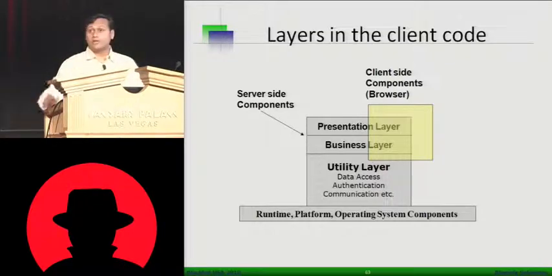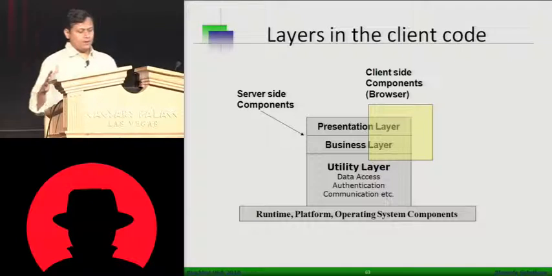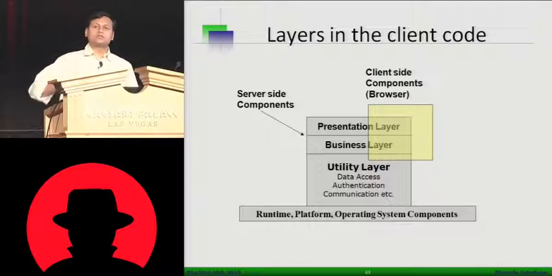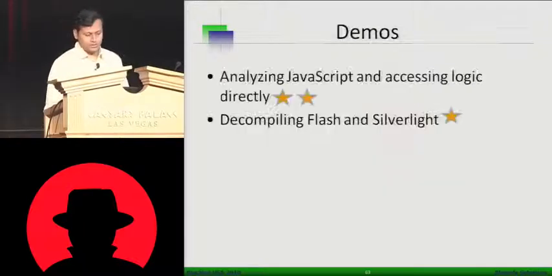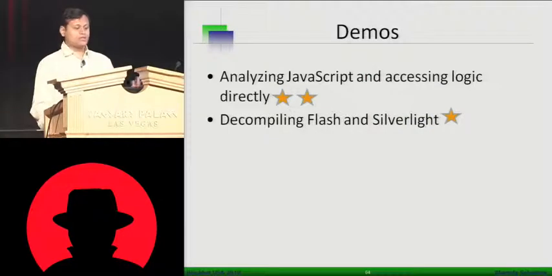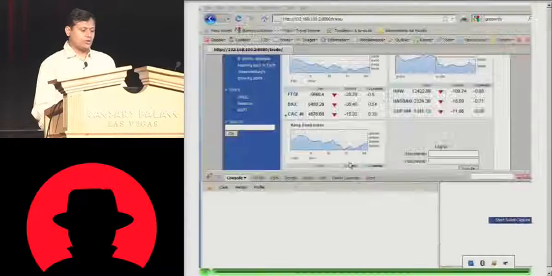And some applications are making a direct data access call from AJAX as well, over a SOAP pipe. So now we have a shrinking of this layer, which allows an attacker or analyzer to see what is going on at the back end, with something which was supposed to be executed on the server now executing in the browser. So this is where we can do analysis of JavaScript and access logic bypassing.